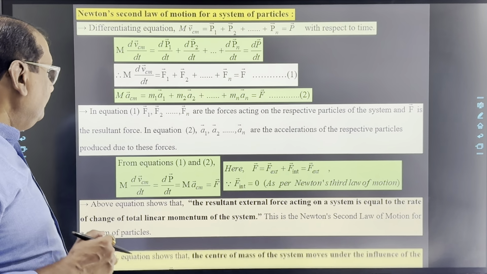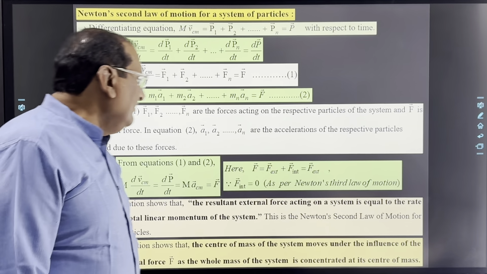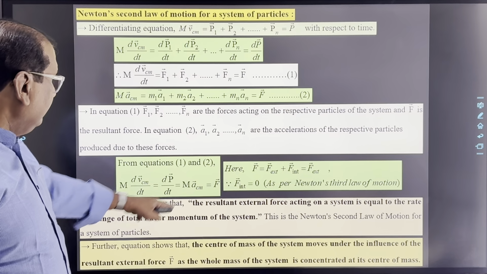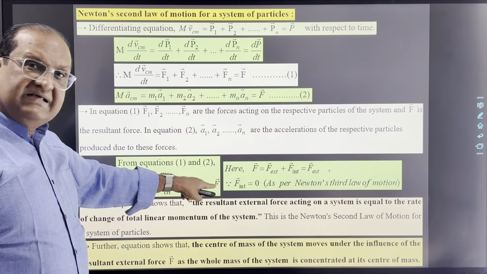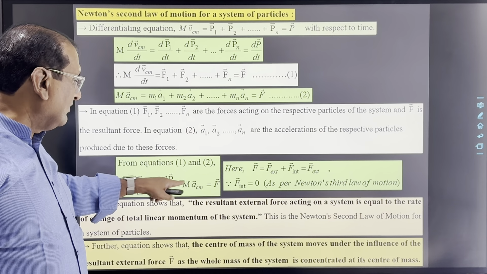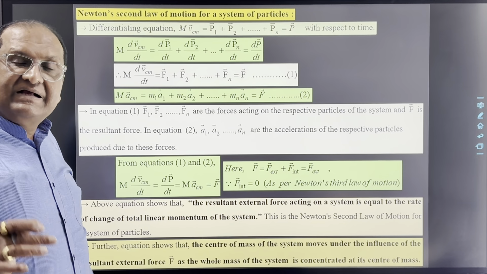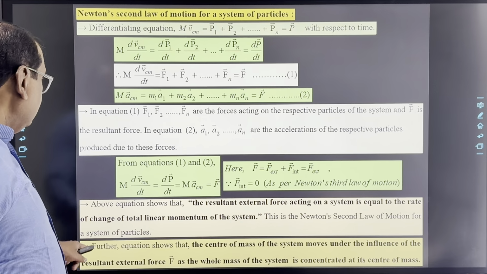Clear? So here the center of mass of the system moves under the influence of the resultant external force F. Here we can see F equal to m Acm. Again here, this is the resultant external force, that is equal to mass of a system of particles times the acceleration of the center of mass appearing here.